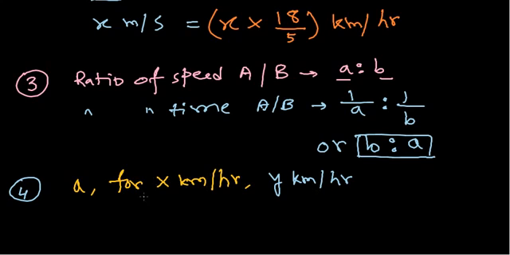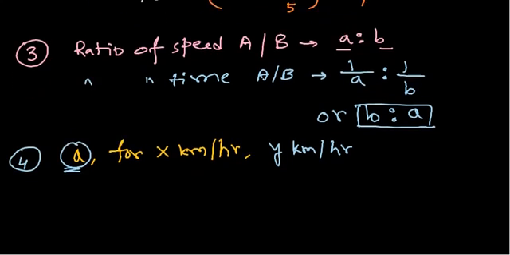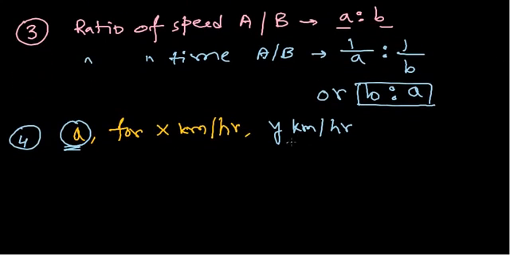So a single man is traveling two legs, one at x kilometer per hour, another at y kilometer per hour, but remember the distance is the same. So if the person travels that distance at two different speeds, what is going to be the average speed of the person during the whole journey?